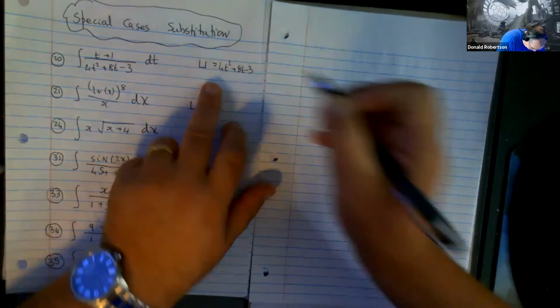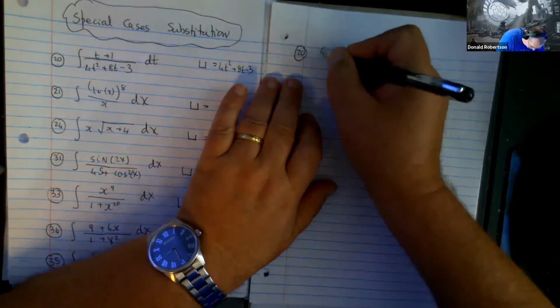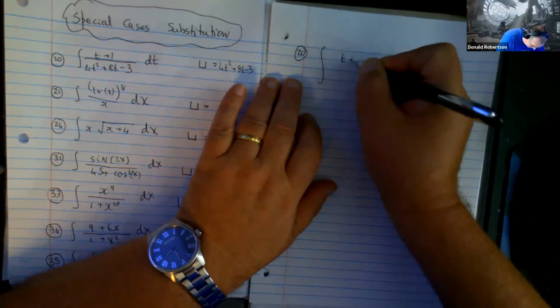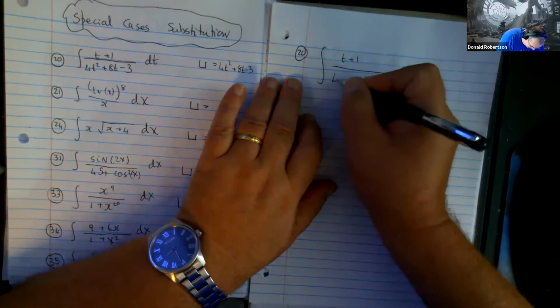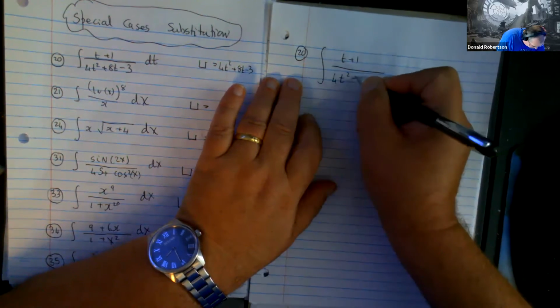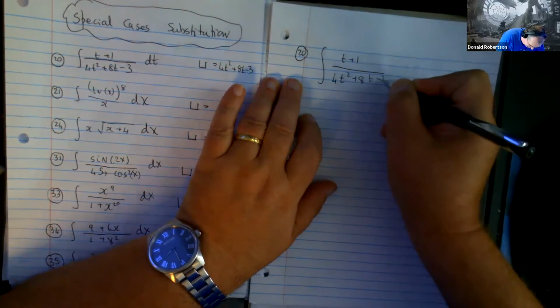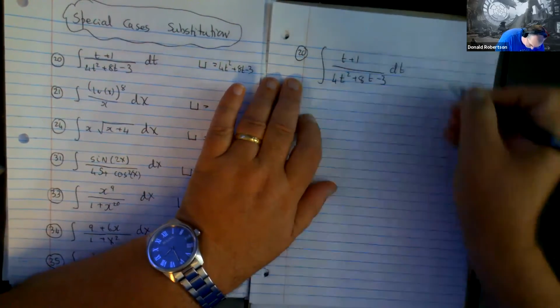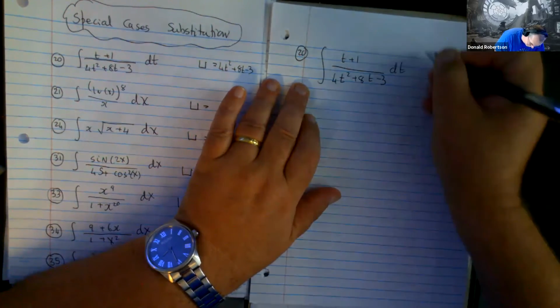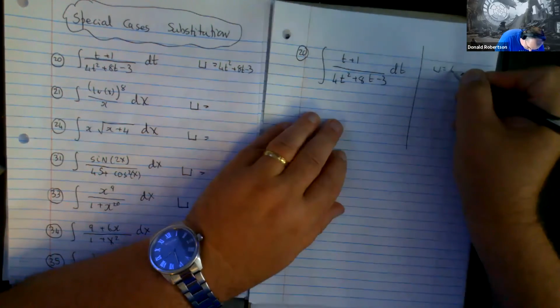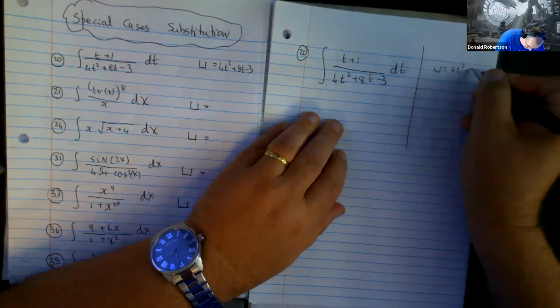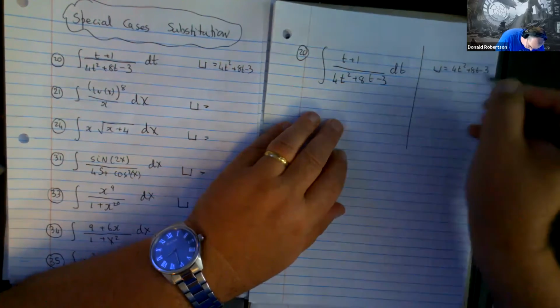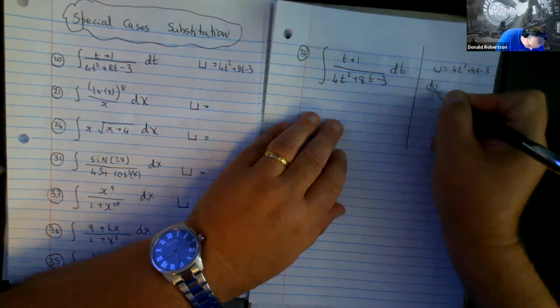Let's show you what it looks like when you try and do the question. It starts off like a very straightforward, nothing to see here kind of question. There's my u sub. I'll differentiate with respect to t.